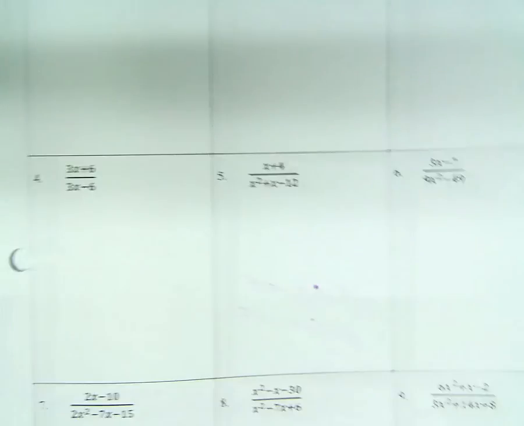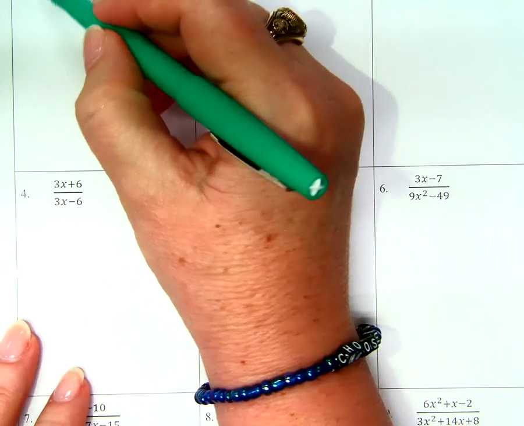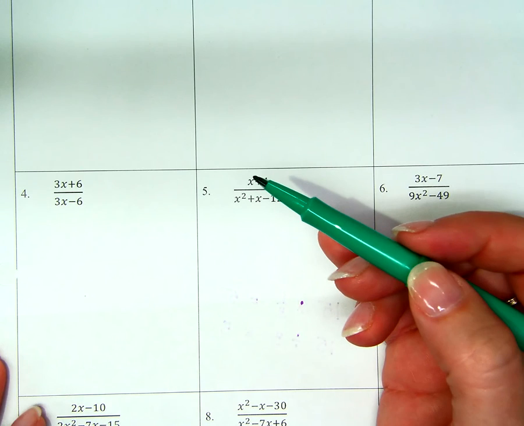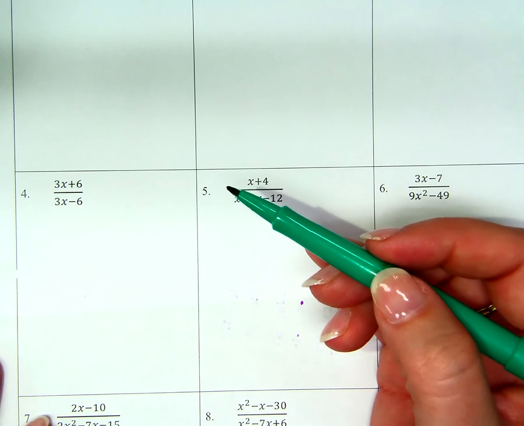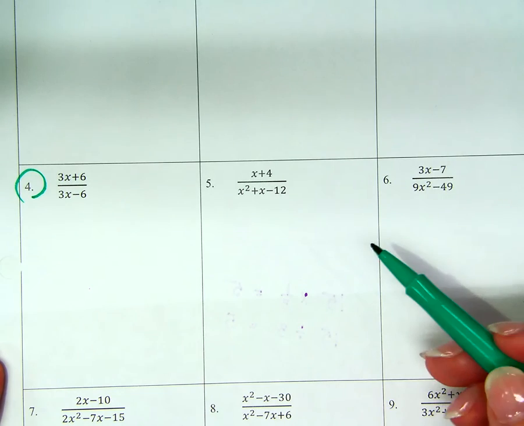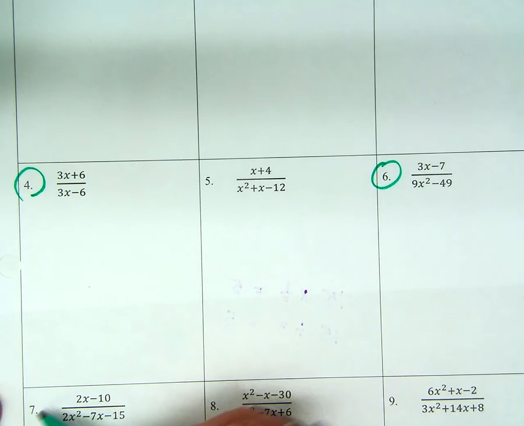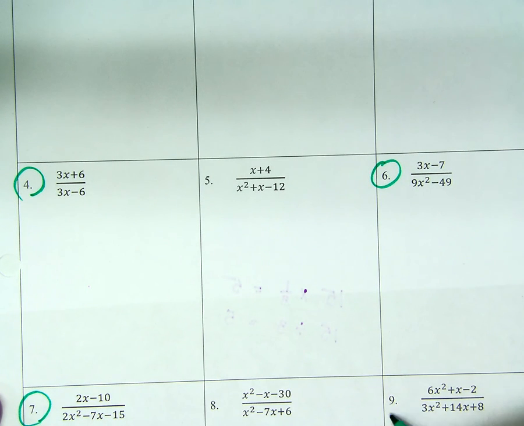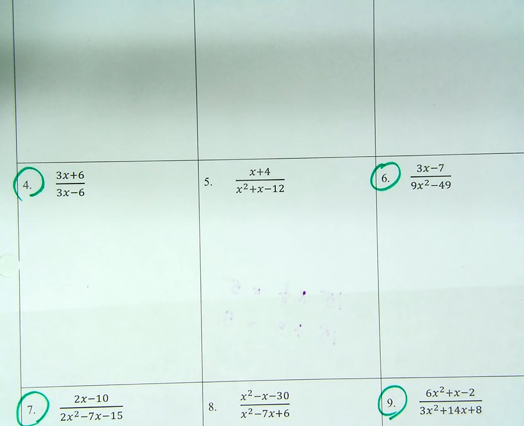And on the page that's stapled, 1 and 4 and 6 and 7 and 9. That should be 9 problems, yes? 1, 2, 3, 4, 5, 6, 7, 8, 9. Yep. You got them all? Any questions?